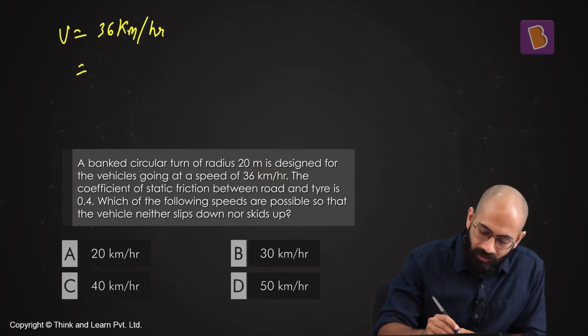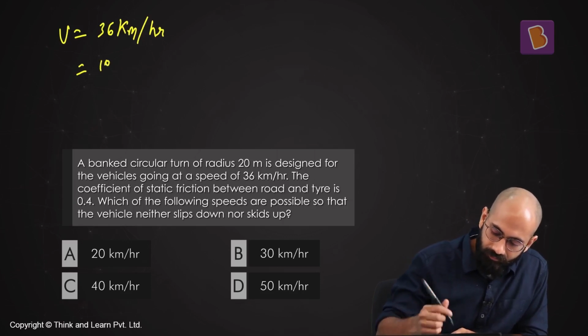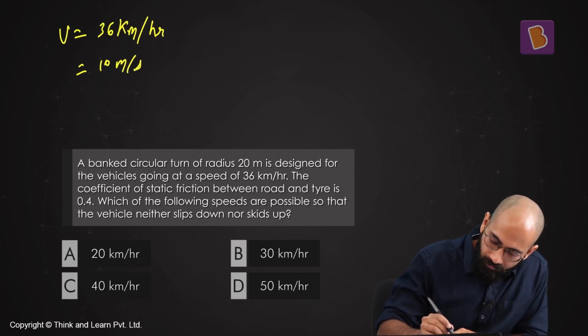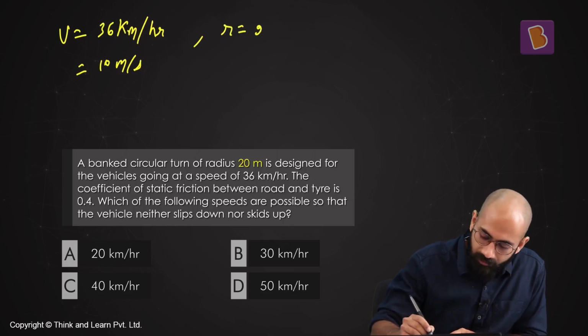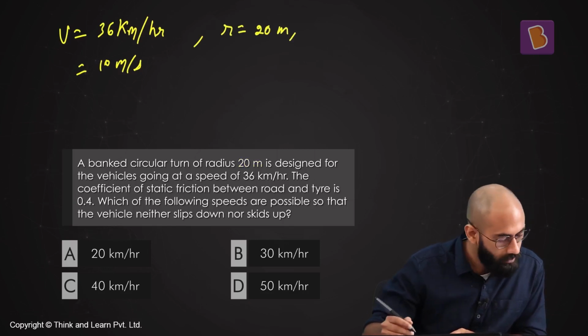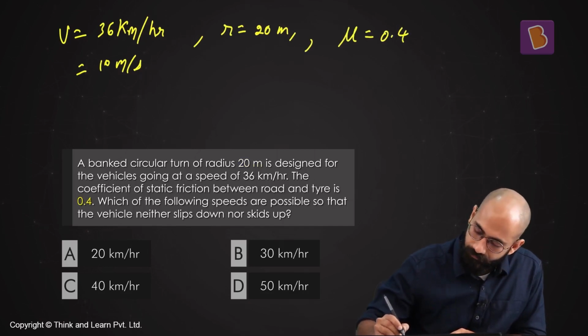So it comes to about 10 meters per second. Right, and the radius of the turn, which is r, is given to be 20 meters. And the coefficient of friction is 0.4.